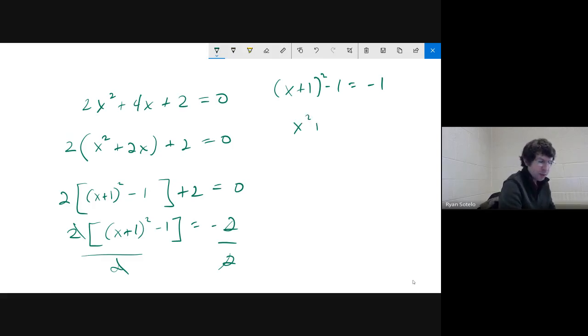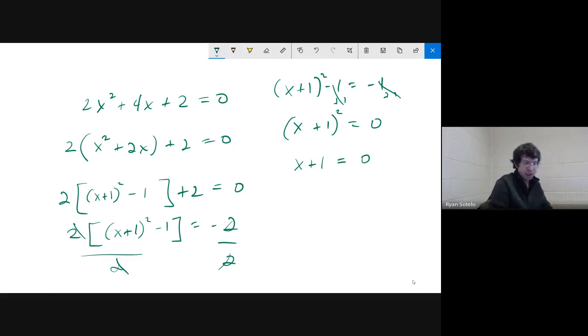Okay, you get x squared plus 1 x, sorry. Let me erase that. Add 1 to both sides. It becomes 0, actually. Square root both sides. Square root of 0 is 0. So x is equal to, I guess it's plus or minus 0. And then you get minus 1 plus or minus 0.